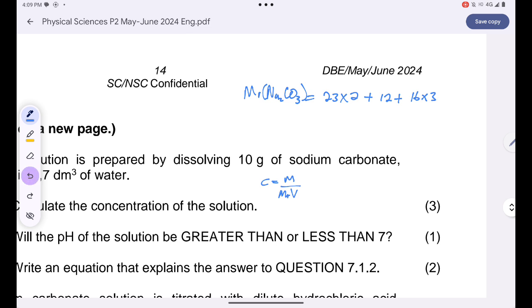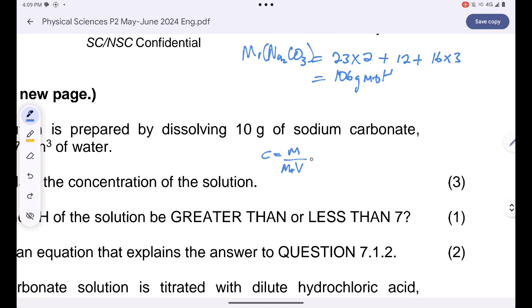Let's see what we'll get. 23 times 2 plus 12 plus 16 times 3. This will give us 106 grams per mole.